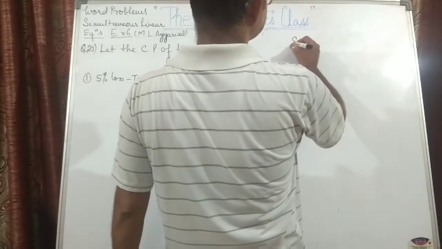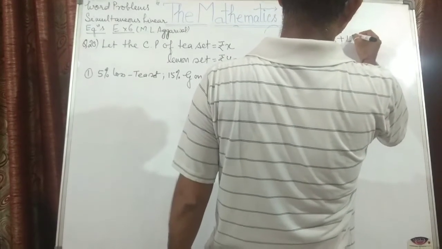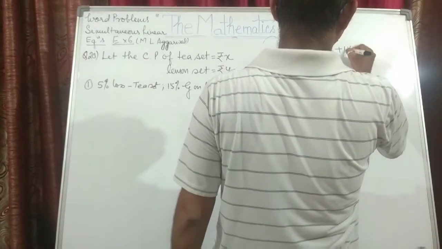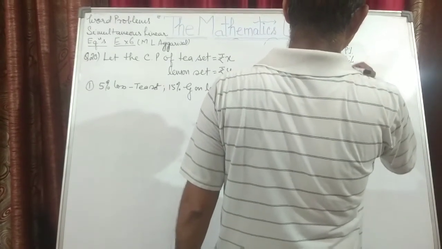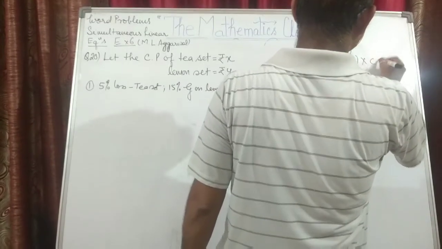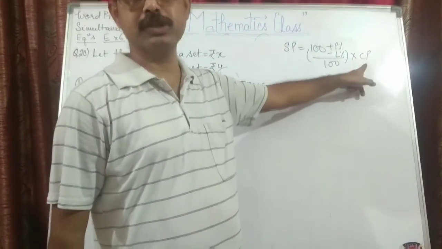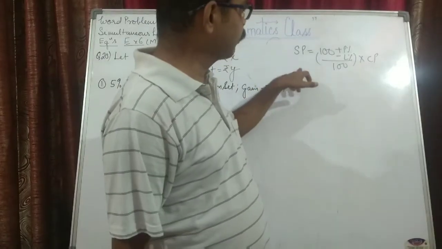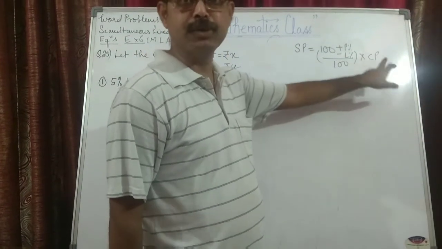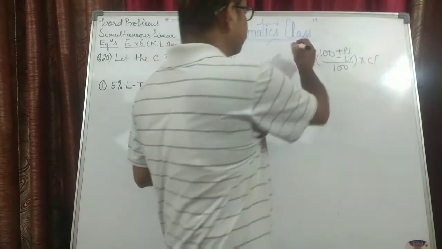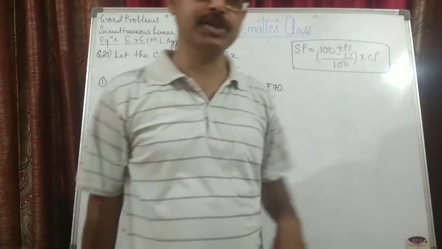If it is profit, we write 100 plus profit percent upon 100 into CP. If it is loss, we write 100 minus loss percent upon 100 into cost price, or CP. So this is the formula for selling price when we have been given either profit percent or loss percent.